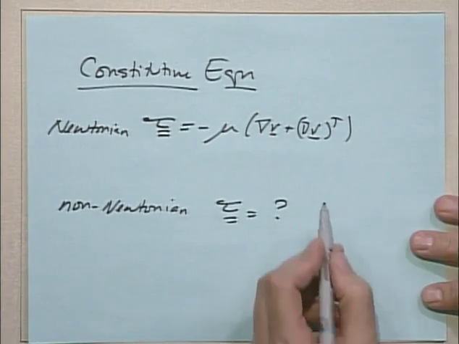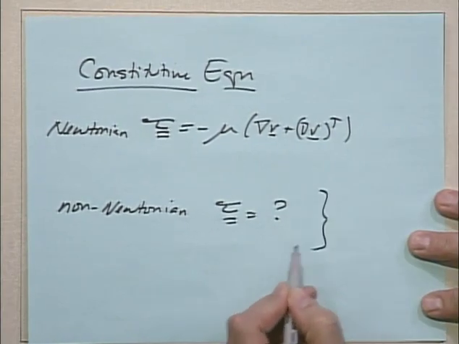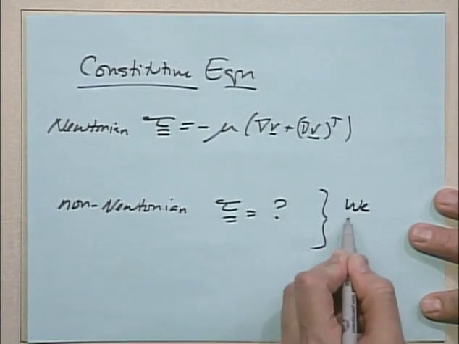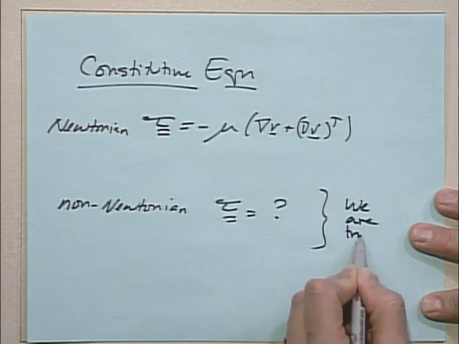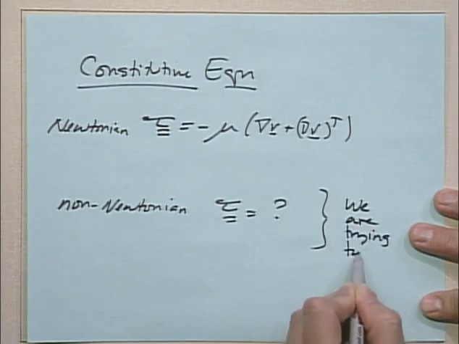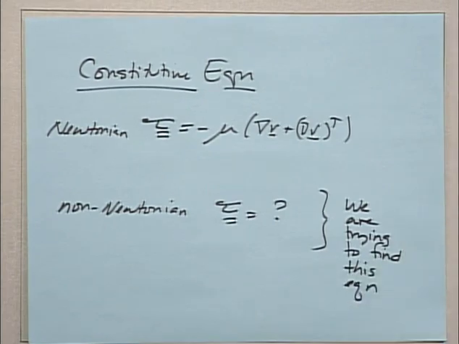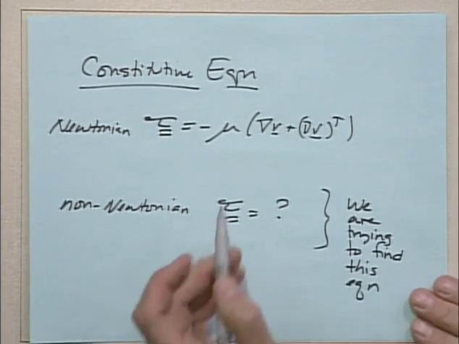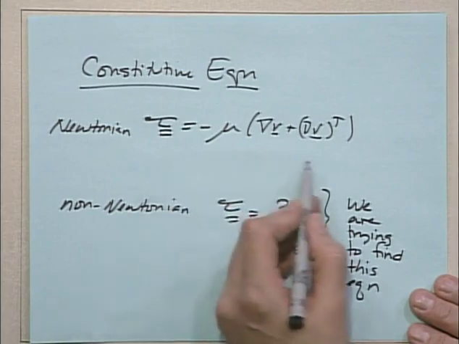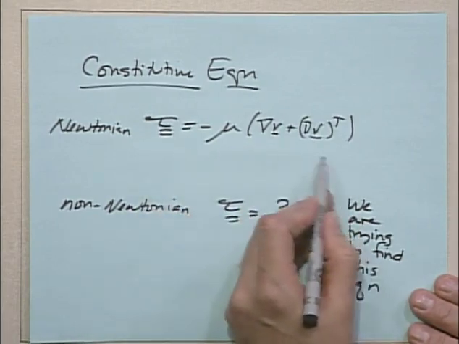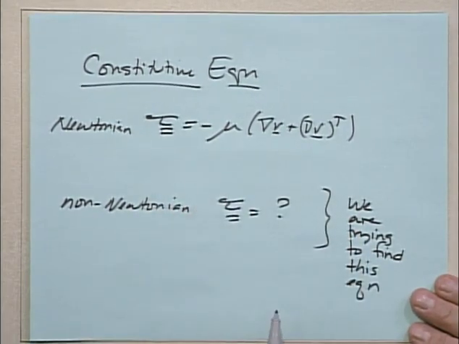So this is what we're trying to do. We're trying to find this. So we're trying to find this equation for fluids that interest us. So in order to determine how things are not like this, not Newtonian, we need to make measurements. And that's what all of this business is about.